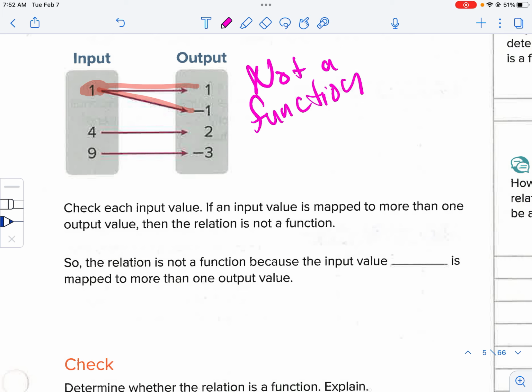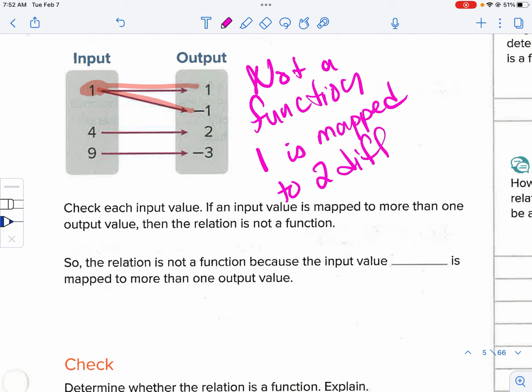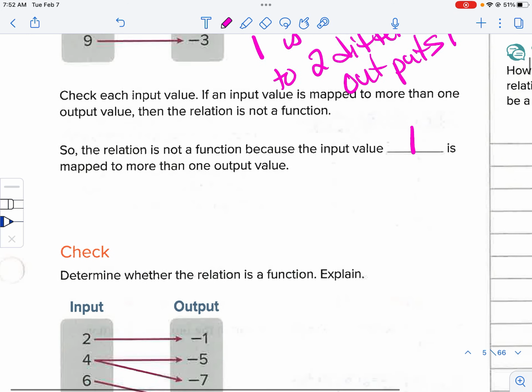This is not a function. 1 is mapped to 2 different outputs, 1 and -1. Oh, sorry about that. I guess I could have just filled in the blank down below.